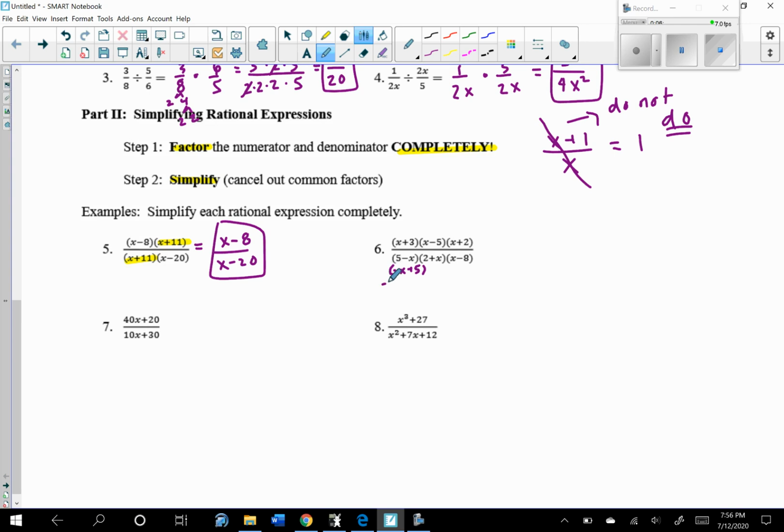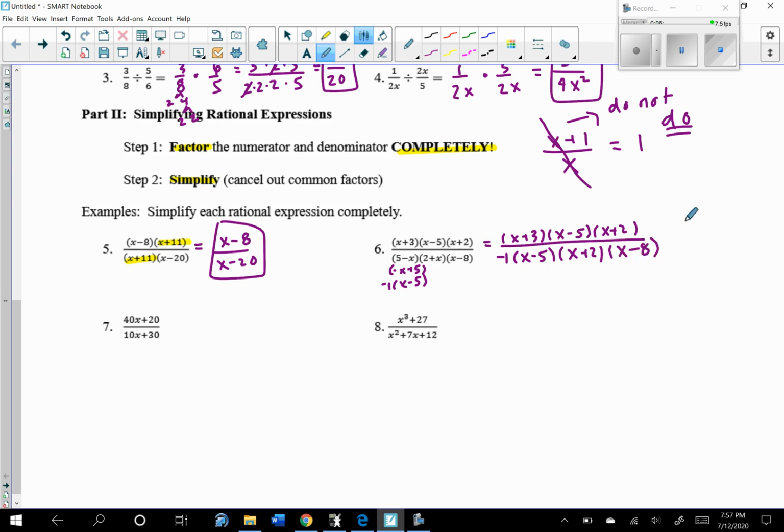So if I factor out a negative 1, this would become x minus 5. If I rewrite this, I have x plus 3 over x minus 5 times x plus 2 over negative 1 times x minus 5, and then I'm going to rewrite this as x plus 2 and x minus 8.